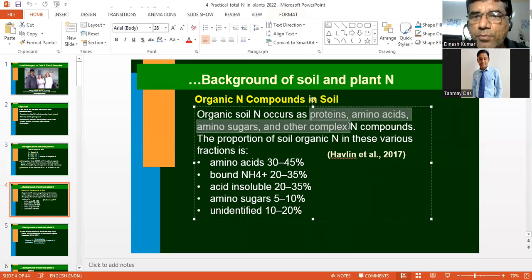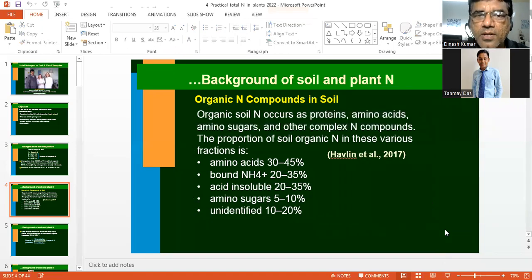So these are the forms of organic nitrogen in soil. The proportion of soil organic nitrogen in these various fractions is not the same. The level of nitrogen in these compounds may be different.